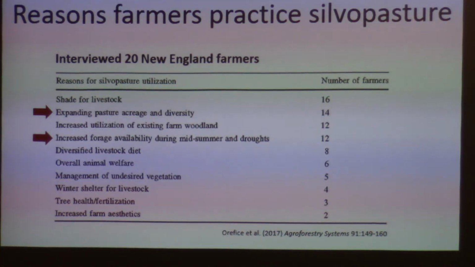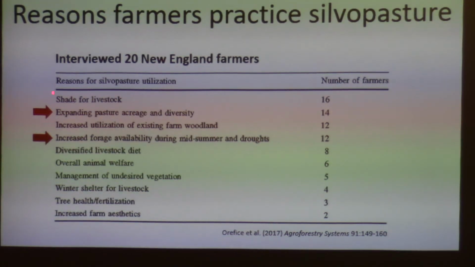My colleagues recently interviewed farmers who are utilizing silvopastures and asked basically, what are your reasons for creating and managing silvopastures? You can see that of the 20 farmers that were interviewed across New England, shade for livestock was the most common reason listed among many. The next most common was expanding pasture acreage.